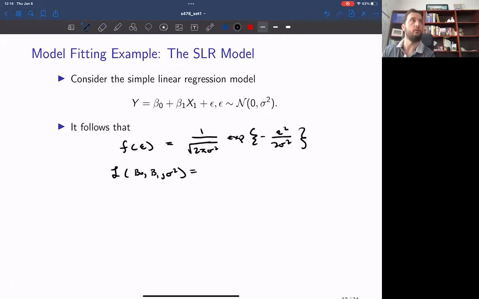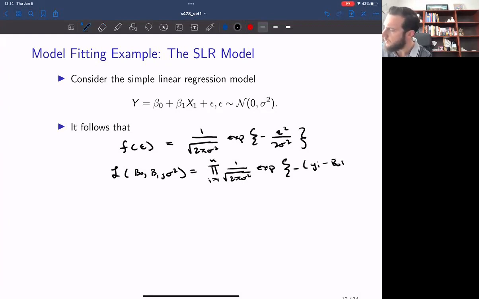is going to be equal to the product from i equals 1 to n of 1 over the square root of 2 pi sigma squared multiplied by exp of negative (yi minus beta 0 minus beta 1 xi) squared over 2 sigma squared. Okay.